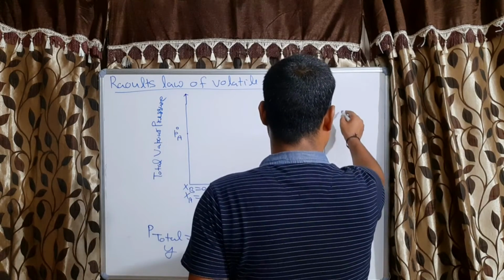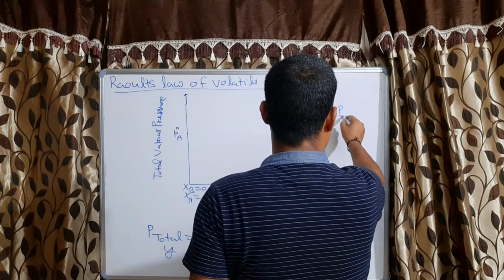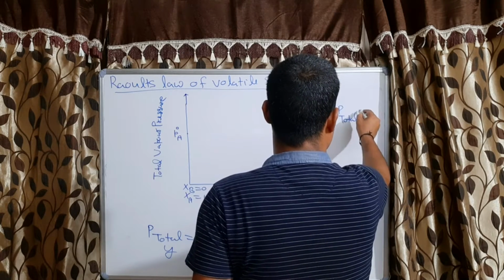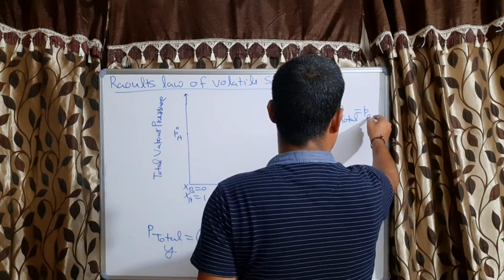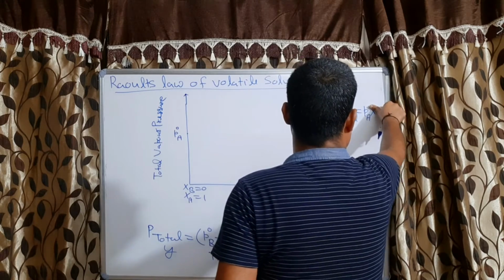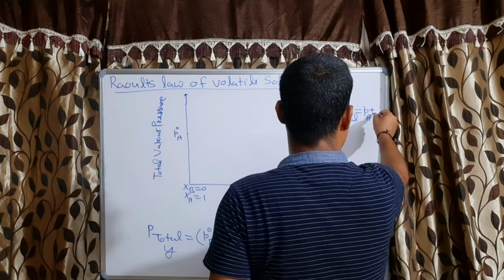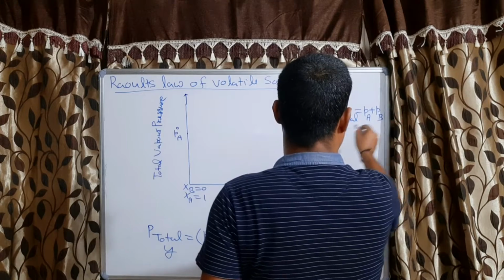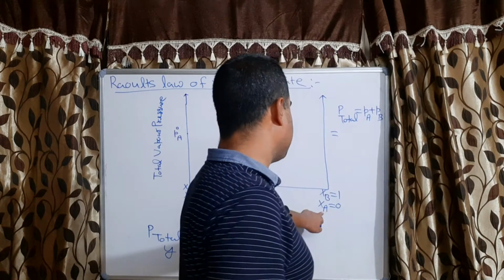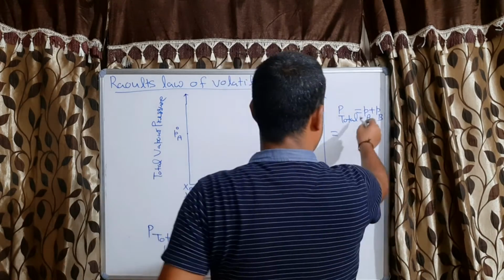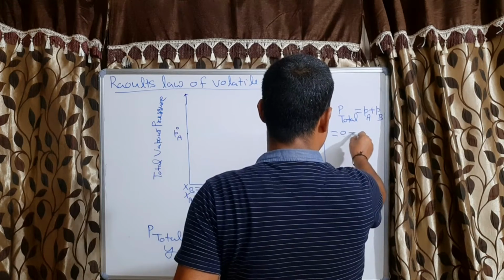So P total equal to PA plus PB, correct? Now since XA is 0, PA also will be 0. How?